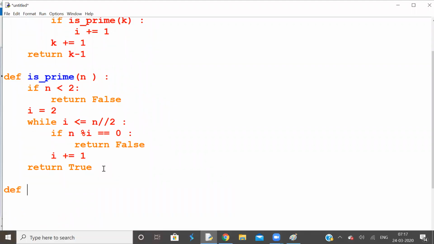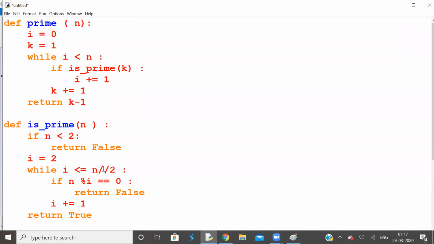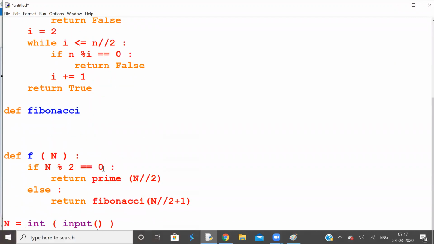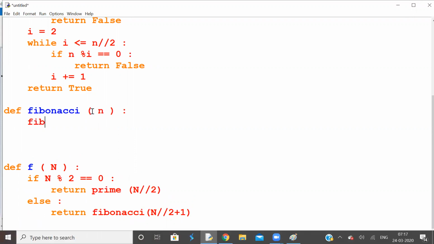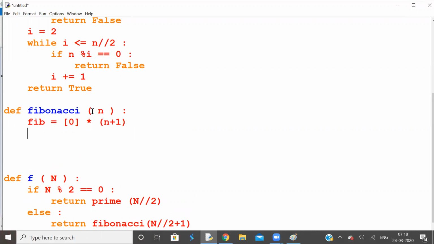Then let us write the Fibonacci function. The name is Fibonacci. So you want the nth Fibonacci number. Have one array initialized to 0 with n plus 1 elements. Assume that fib 0 is already 0. So let fib 1 be 1.